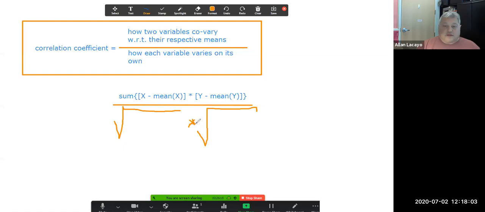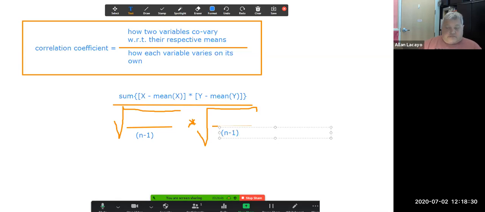So it'll be the product of the deviations of x and the deviations of y. And as we may recall from chapter 3, a standard deviation is the average difference from the average value of a variable.